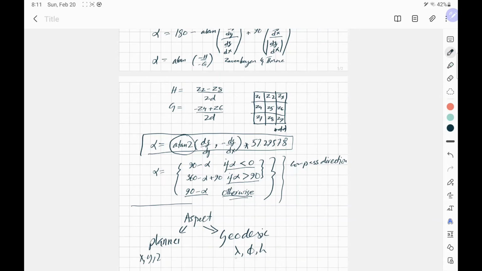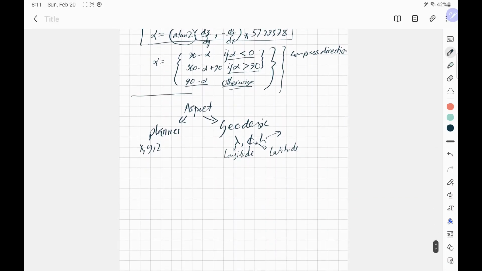So lambda is longitude, phi is latitude, and h is the height of the surface from the ellipsoidal datum.